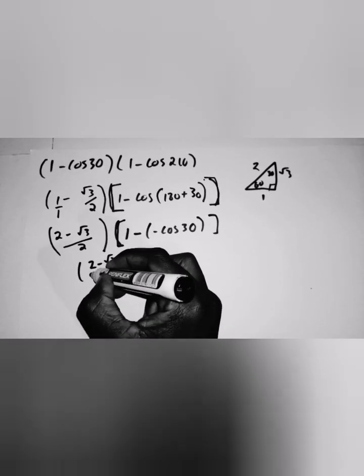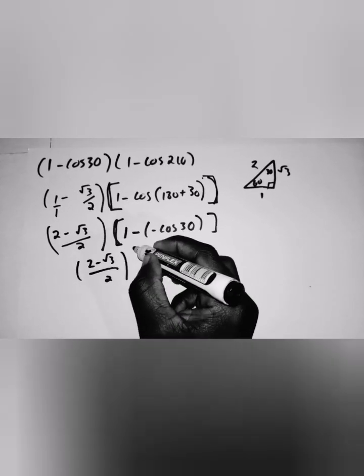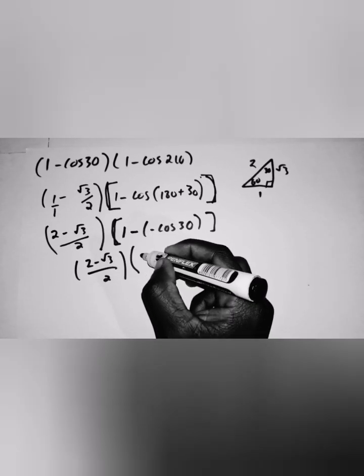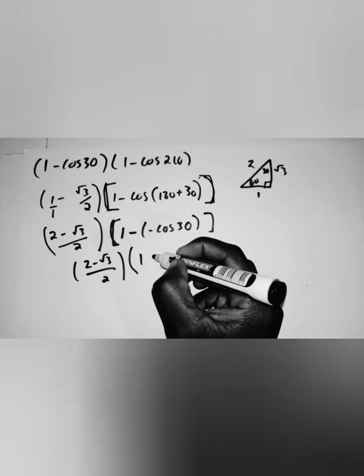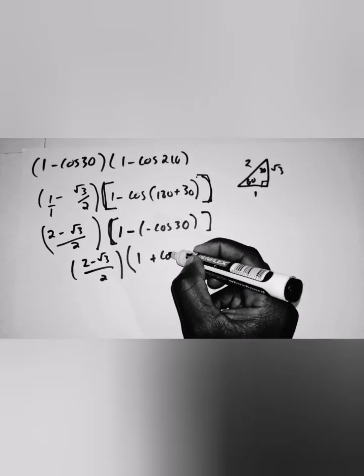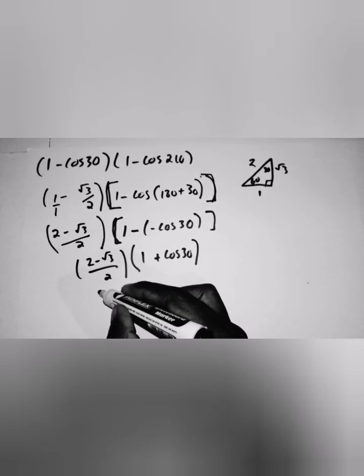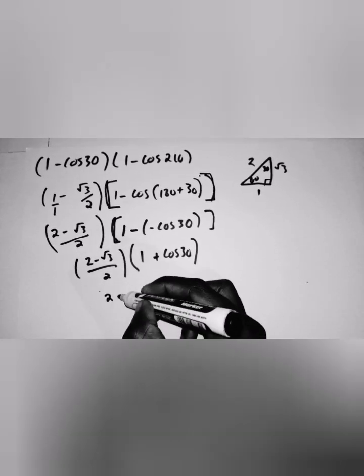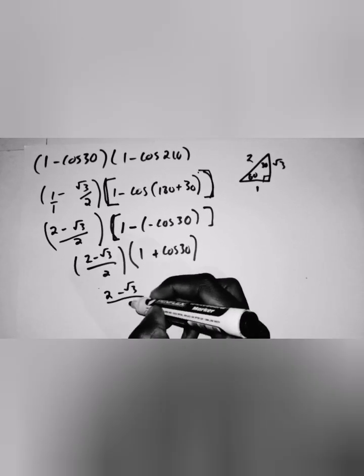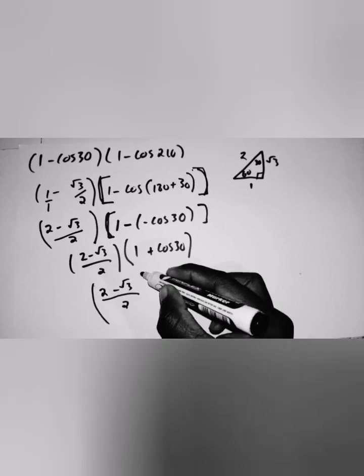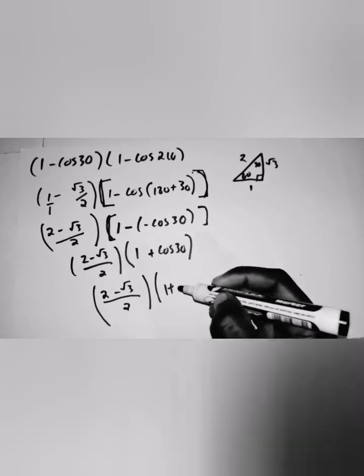Now here I have 2 root 3 over 2, then 1, this times this, it is positive, right? Now the cos of 30, we have positive cos 30 there. Now 2 minus root 3 over 2, you put the bracket, remember 1 plus cos 30.